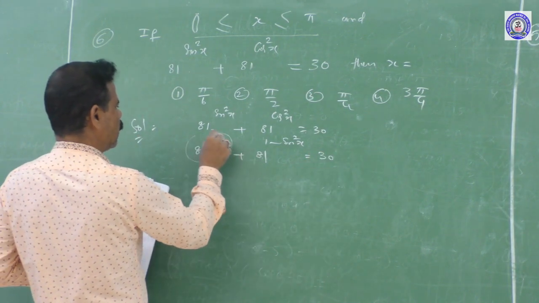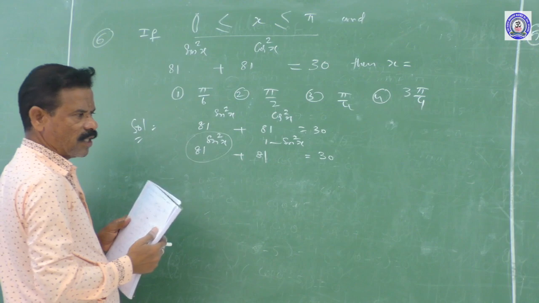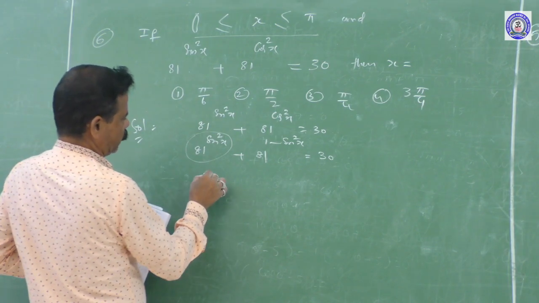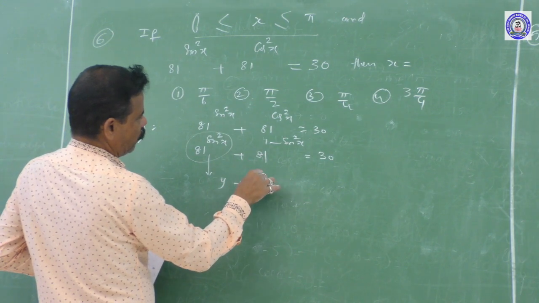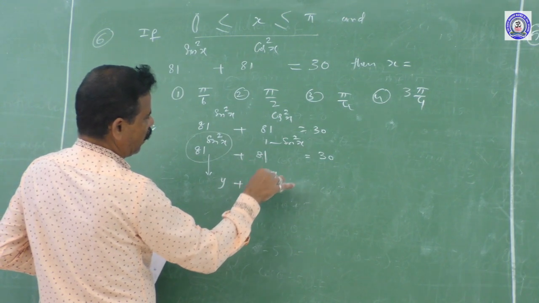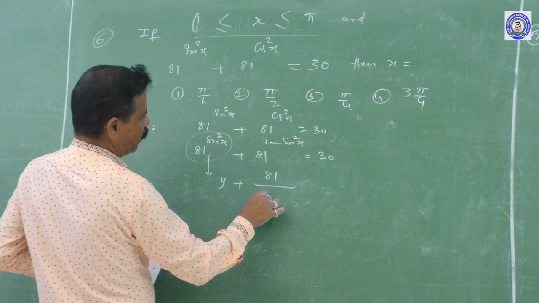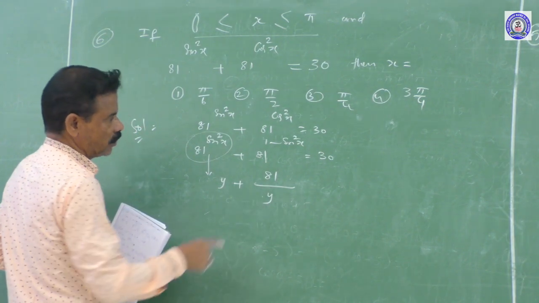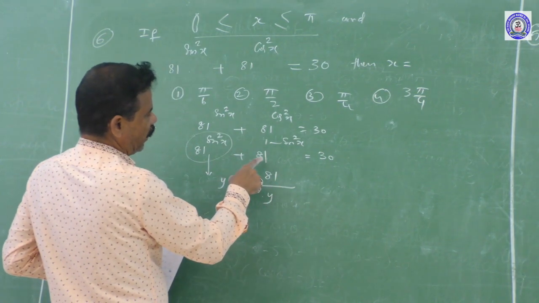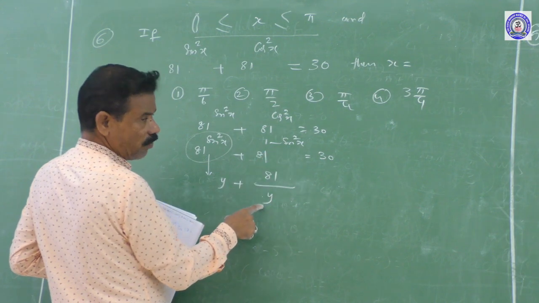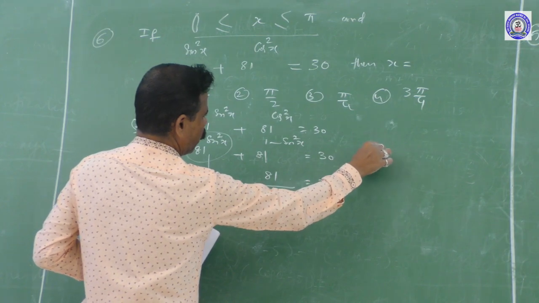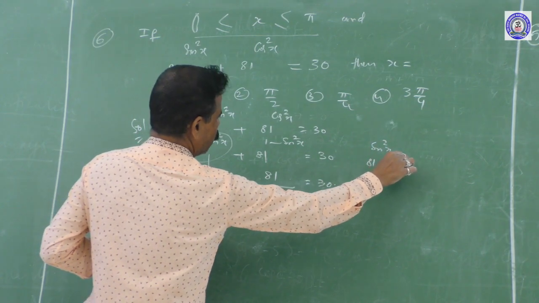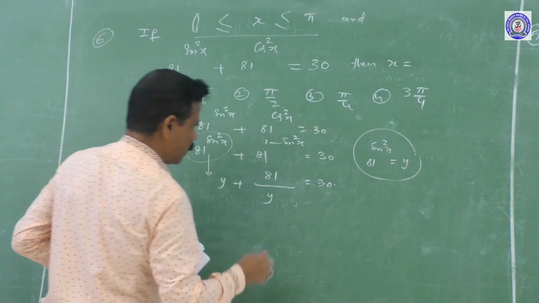Suppose 81 power of sin square x is y, otherwise t, any. Suppose this is y. This is 81 by y coming. 81 power of 1 minus sin square is 1 by y coming. That is 30. 81 power sin square x is equal to y.